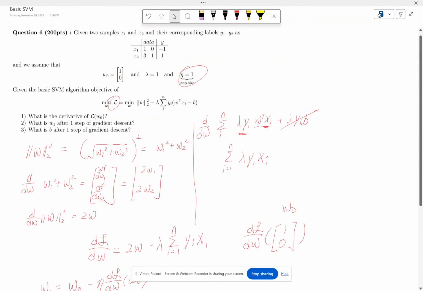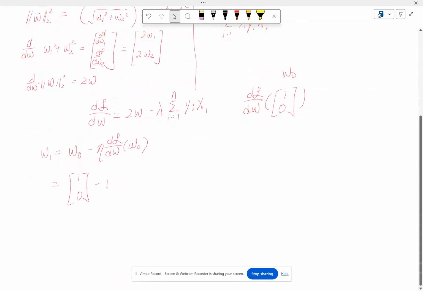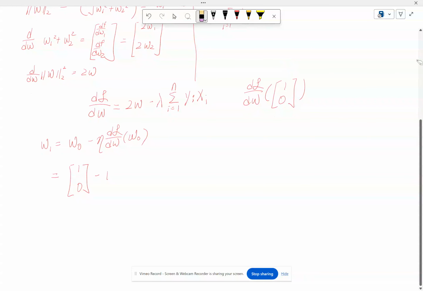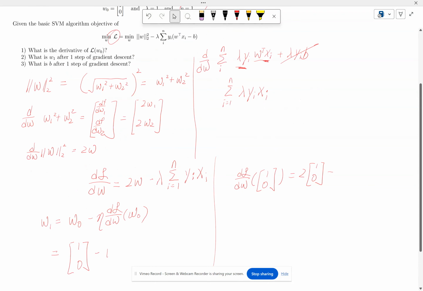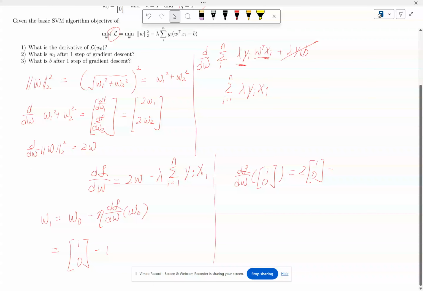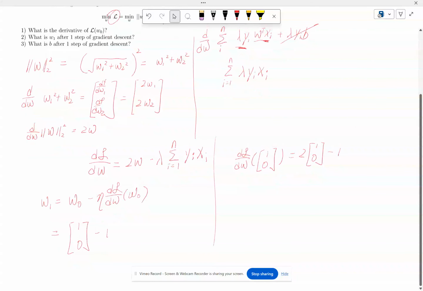So if we plug that in, it is 2 times 1, 0 minus, did I give a lambda value? Lambda is equal to 1. And then we need to do a summation.